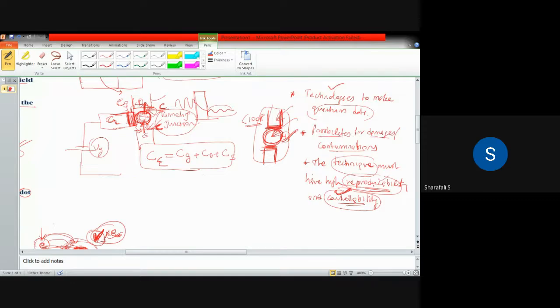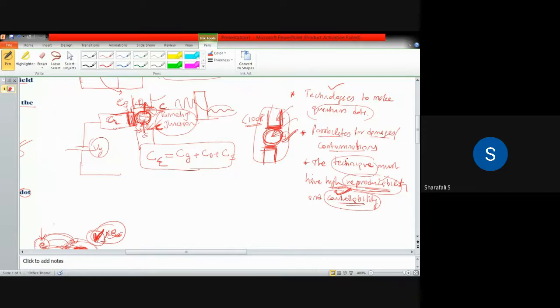Also, a high reproducibility should be there, so that we can make a large number of these kind of transistors. So because of all these difficulties or conditions, it is difficult to produce that on a very large scale.